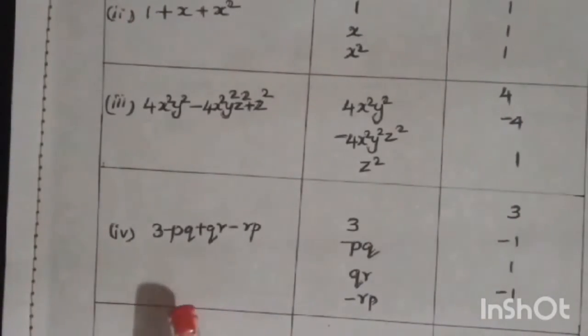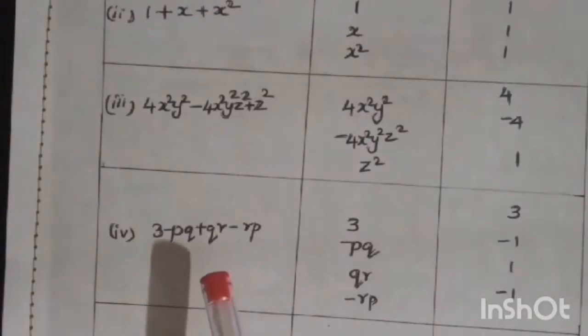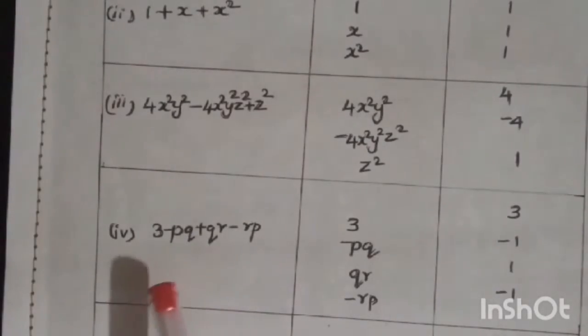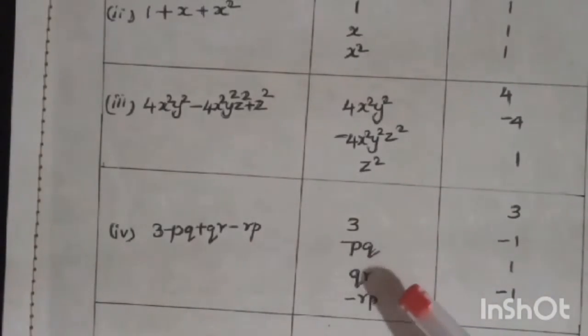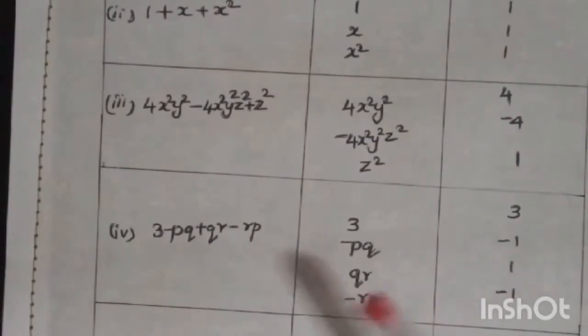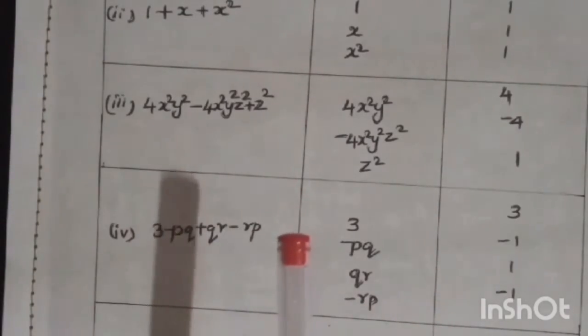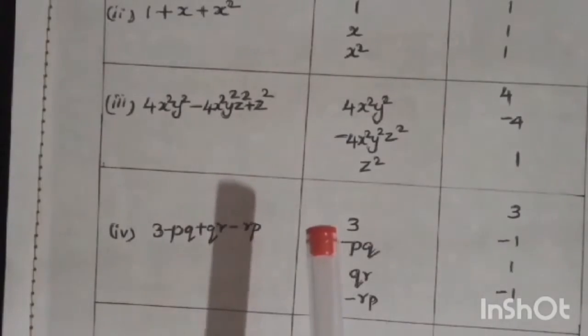Fourth question, 3 minus PQ plus QR minus RP. There are four terms. Which are the terms? 3 is one of the terms, minus PQ is another term, QR is another term, and minus RP is the fourth term. And see the coefficients there. In the first term the coefficient is 3.